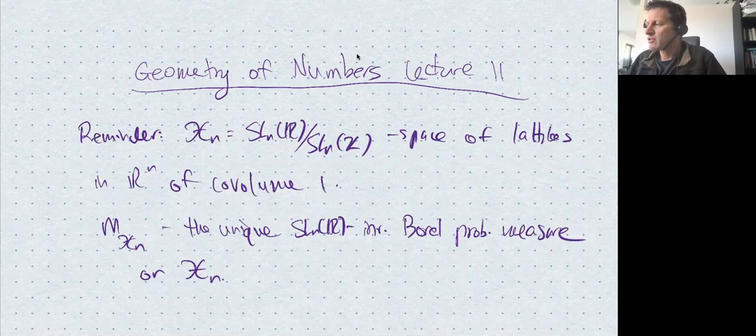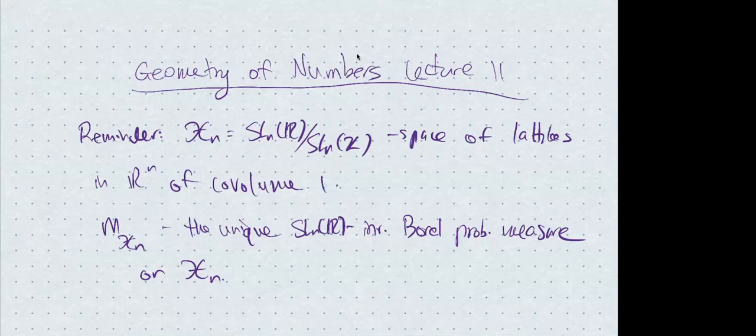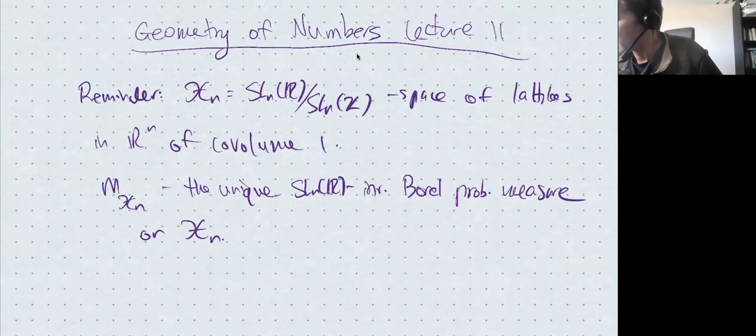That's what we're interested in. We're interested in lattices for which lambda 1 is as large as possible. So from the point of view of random variables, we're trying to understand how concentrated this random variable is around its mean.